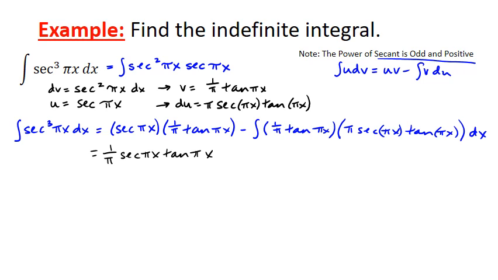Over here, this is all multiplication, so I know that these pi and 1 over pi will cancel out. And then simplifying this, I see that this becomes the integral of tangent squared pi x, because I have two of those, times secant of pi x.